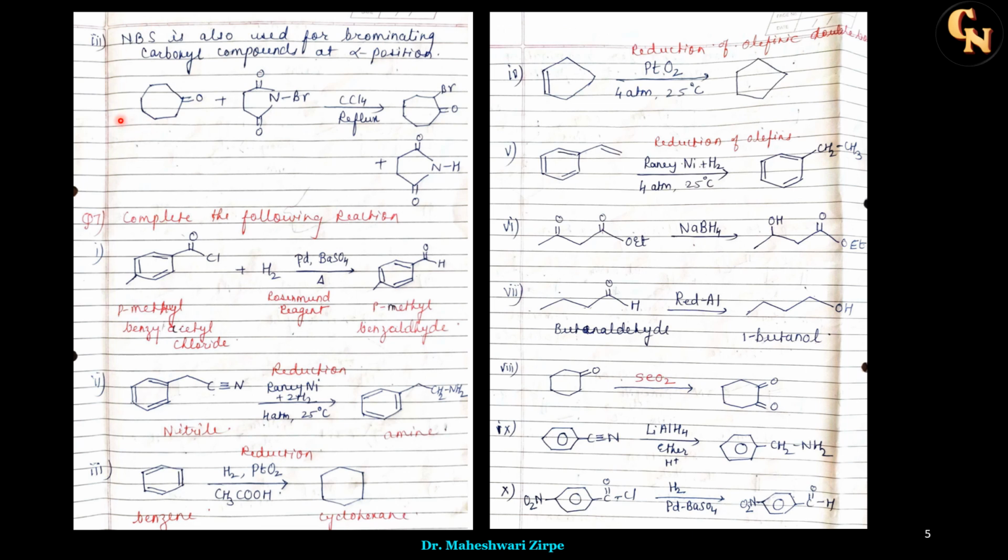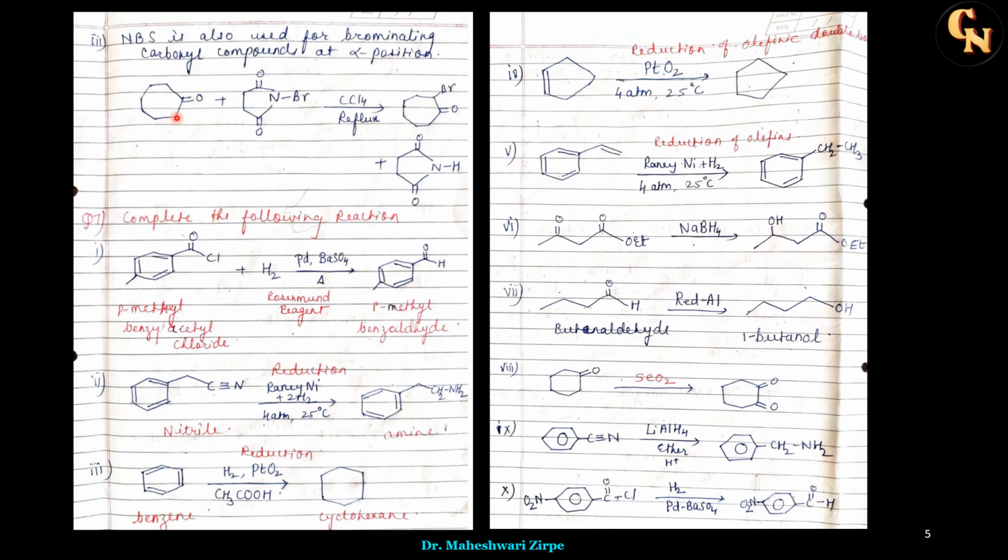Now next, the NBS is also used for brominating carbonyl compounds at the alpha position. So if the carbonyl carbon is there, there is no allylic group present, but the carbon next to the carbonyl can be brominated at the alpha position. As we all know, the carbon next to the carbonyl carbon is called the alpha carbon. So this is alpha, this is also alpha carbon. Next will be beta, and so on. We have already seen this when we learned it.